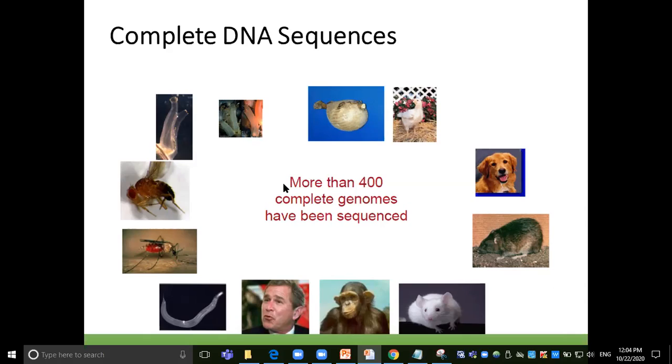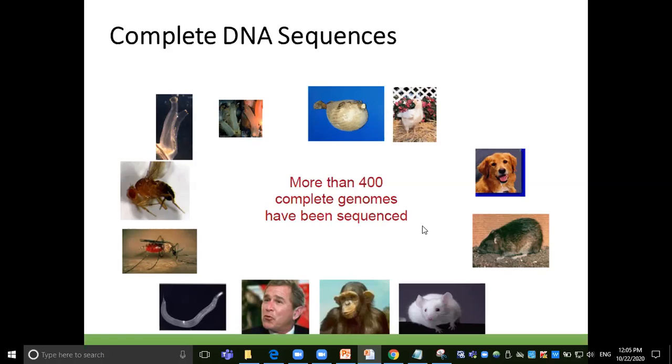If you look at the genome database, which we discussed last week, you can see how many genomes are available, giving all the genes of a particular organism. Organisms like starfish, mosquito, dog, rat, mouse, chimpanzee and human have all been sequenced.